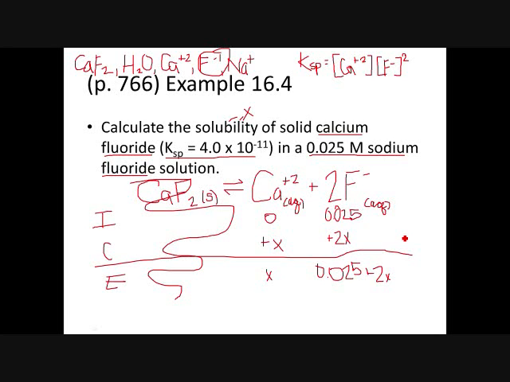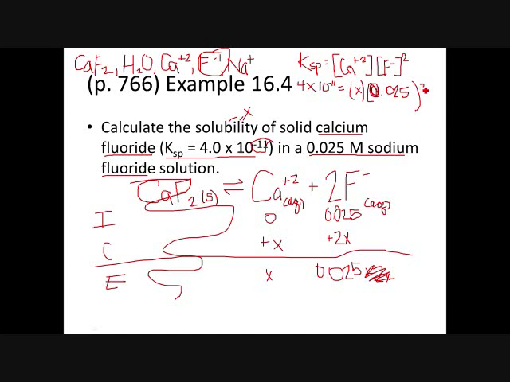Assumptions do work for Ksp, just like in all the other equilibriums. So since it's times 10 to the negative 11, we can assume that we don't need to include the adding or subtracting of the x's. So in reality, it's going to be 4 times 10 to the negative 11 equals x for calcium times, now we're going to get rid of the plus 2x, so we're just going to plug in the 0.025 squared.